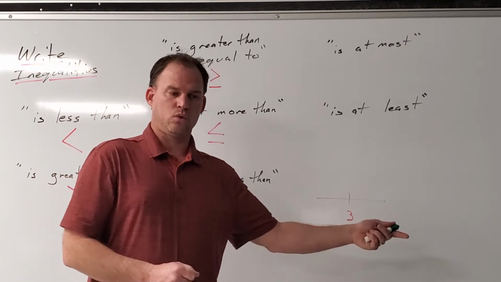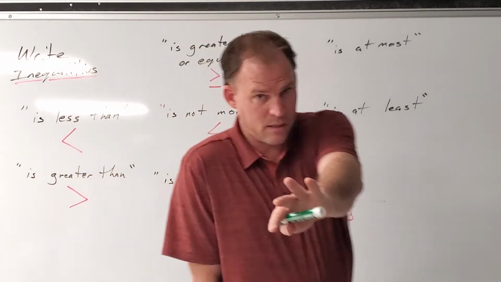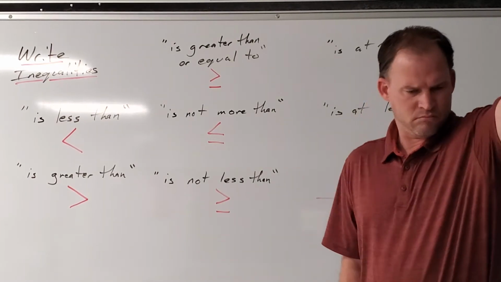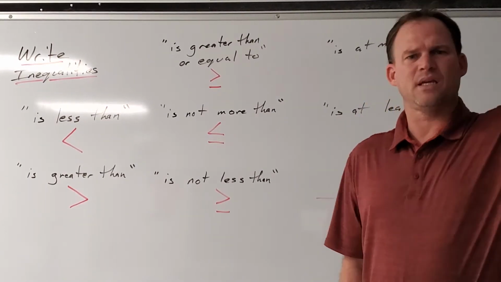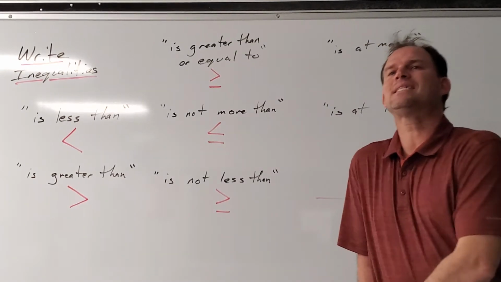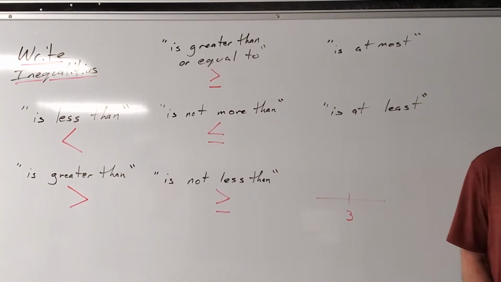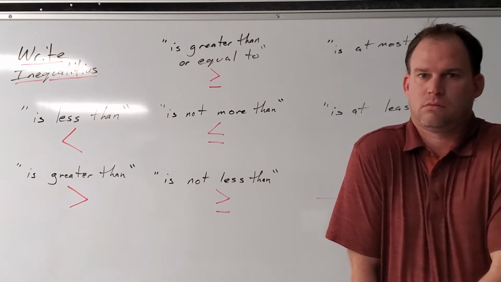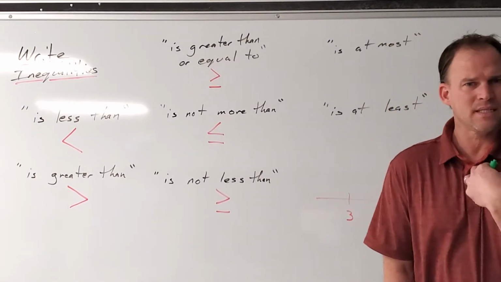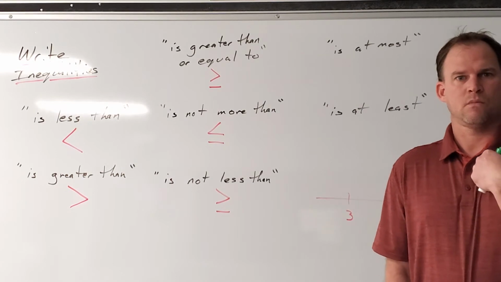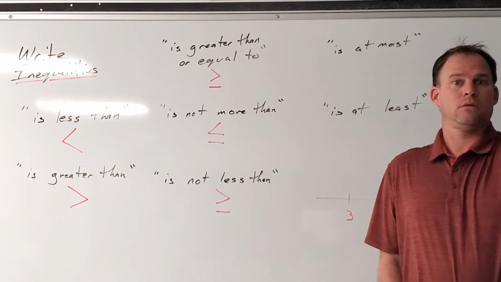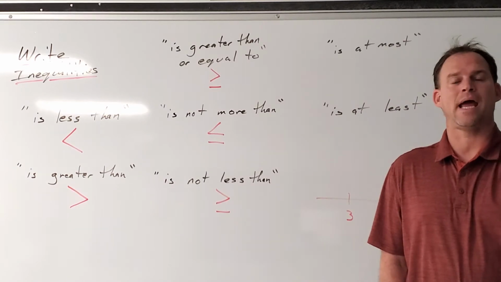Now, is at most. Again, when you first hear this phrase, you hear the word most, you're thinking bigger. But think carefully. If I say I got at most $10 in my pocket, at most $10, what am I saying? I'm saying 10 is the most. 10 is the highest I could have.